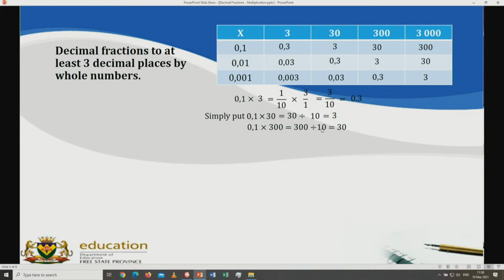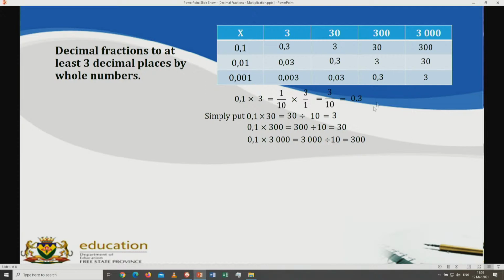And then 10 into 300 goes 30 times. That is why we have 30 here. And then 0,1 multiplied by 3,000 is equal to 3,000 divided by 10.